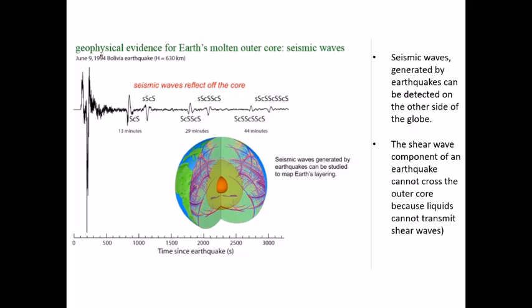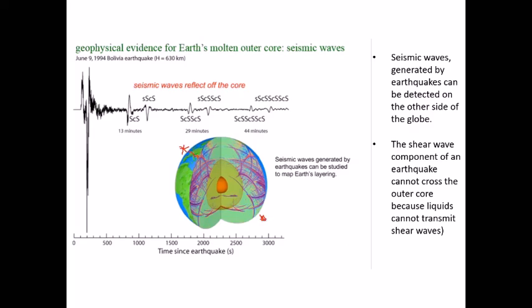So anyway, how do we know that the outer core is liquid, the inner core is solid, and how deep they are? Well, like I said, it's all from seismic waves. You have an earthquake that happens on one part of the earth and another seismic station over here.